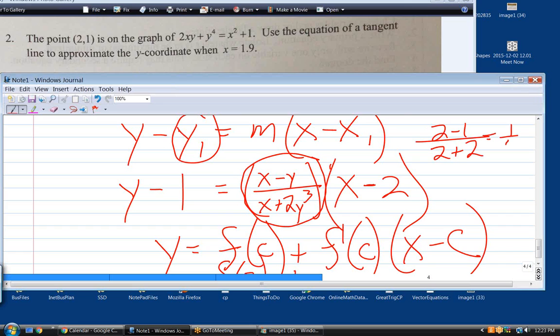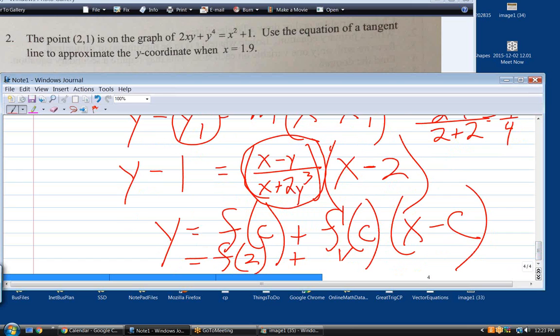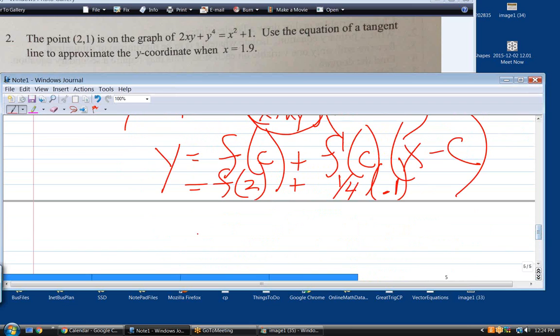So I have 1/4 is f prime of c. So that's 1/4 times 2 minus 1.9, which is 0.1. And I know that f of 2 is 1, so I have 1 plus 1/4 of 0.1, which is 0.025. So that is the approximate value of y when x is 1.9.